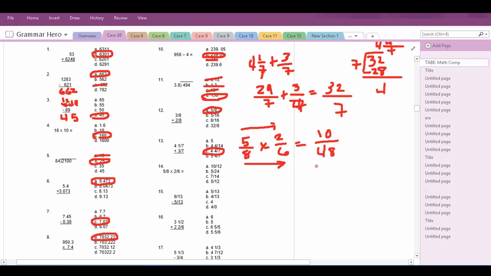Okay, you might be saying, well, I don't see that anywhere. Where's that in the answer choices? That's because we have to reduce. Let's divide top and bottom by 2. So 10 divided by 2 is 5. 48 divided by 2: 2 goes into 4 twice. 2 goes into 8 4 times. So we got 5 over 24. Is that there? It is. Boom.